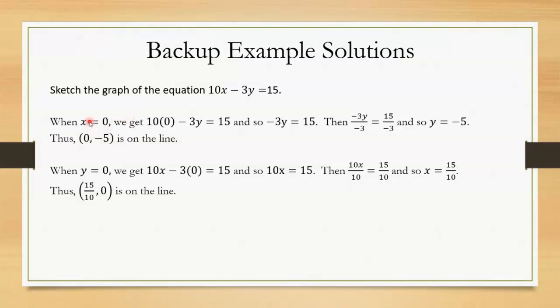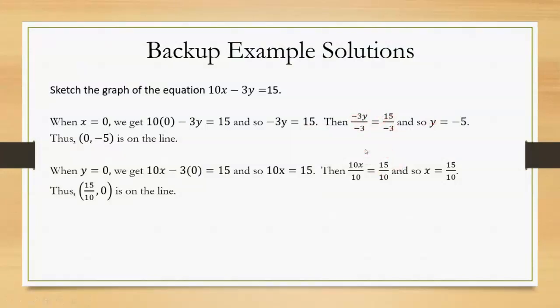So, for instance, I said, okay, well, let's take x to be 0. If x is 0, and we substitute, so 10 times 0 is 0. And what we end up with is just minus 3y is 15, which is nice, and that's nice because we can easily get y, we just divide both sides by -3.